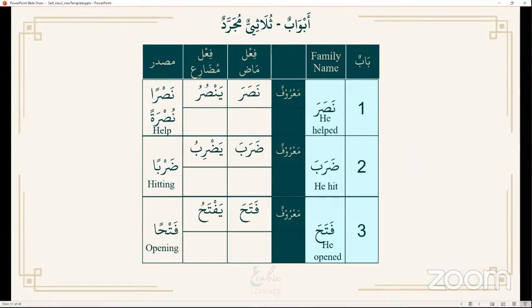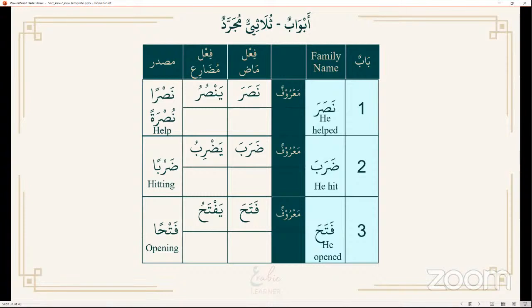Okay, so please repeat with me. Nasara, Yansuru, Nasran or Nusratan, Daraba, Yadribu, Darban, Fataha, Yaftahu, Fathan.